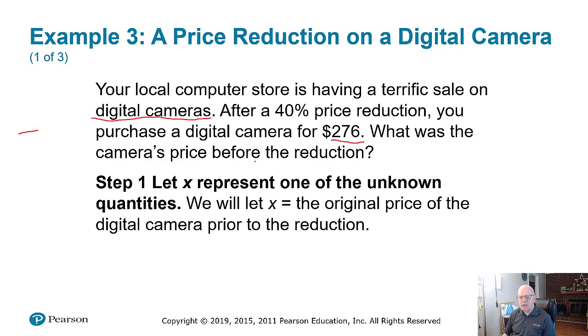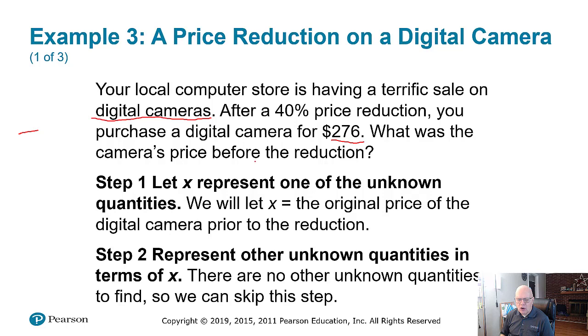So let X represent the original price because that's what you're looking for, and write it down. X equals the original price. What are the unknown quantities? Actually, there is another unknown quantity in a way. What they don't show, and this doesn't mention, is how much the reduction is.